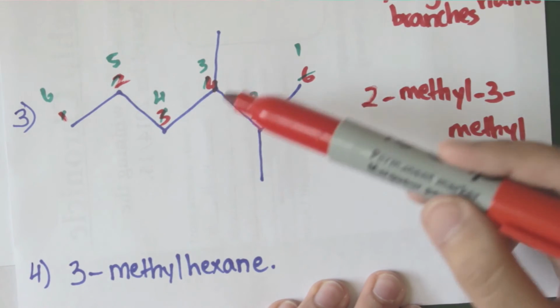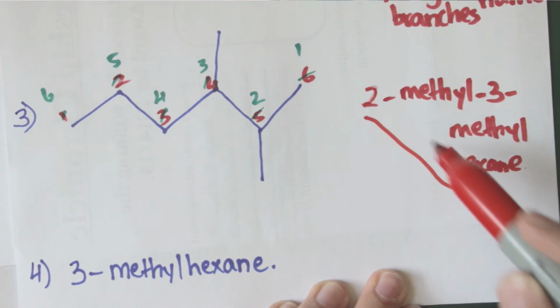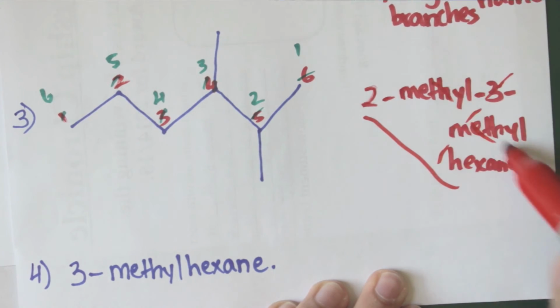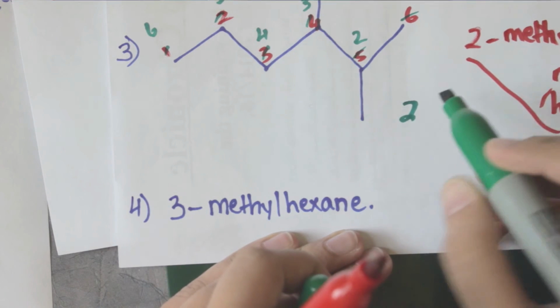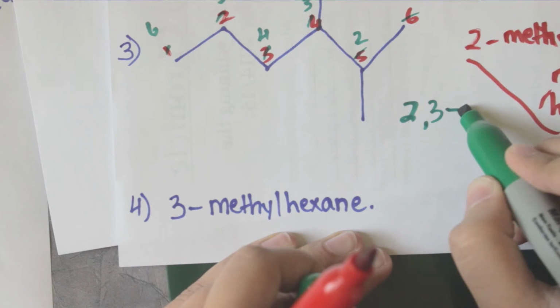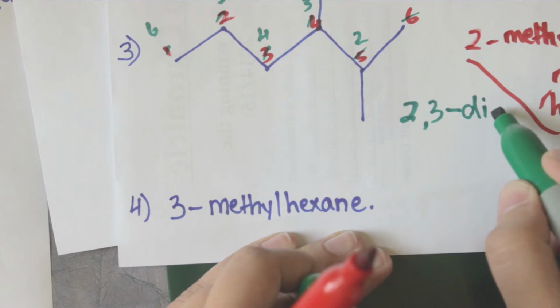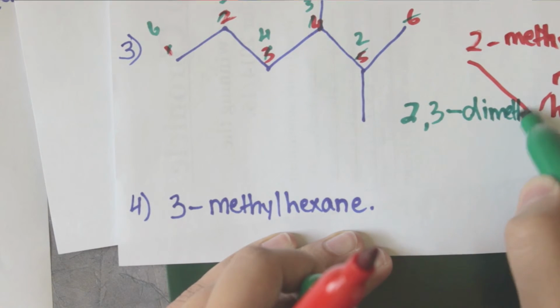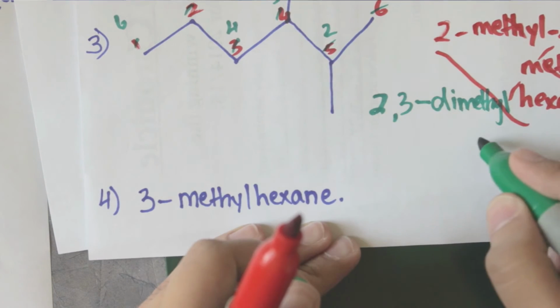Because we have the same kind of branch, there's another way of naming this. This is actually the incorrect way: 2, 3, and then hyphen, and then you would say dimethyl hexane.